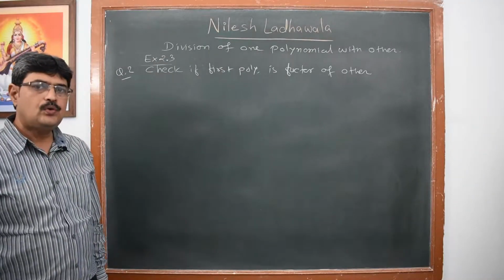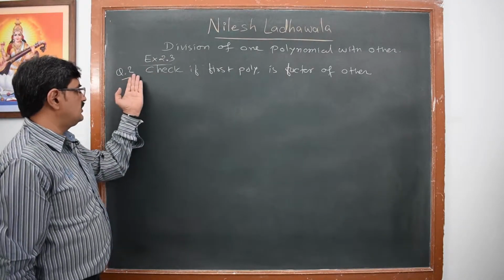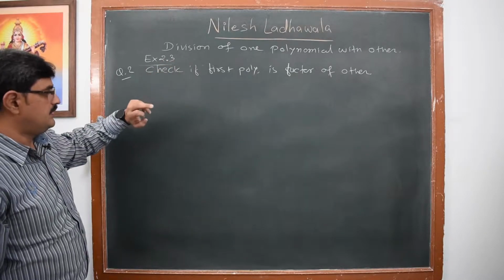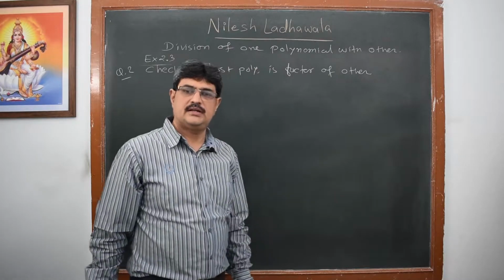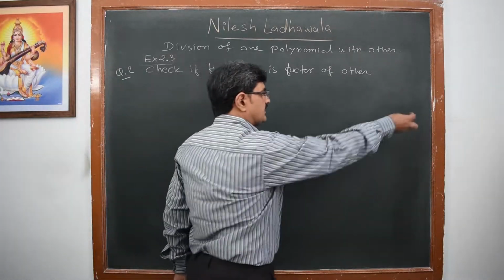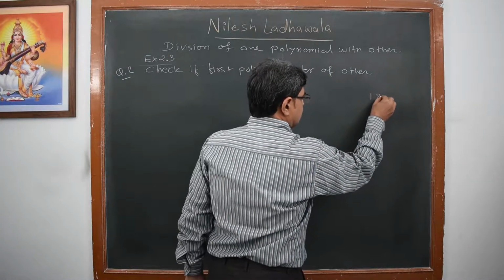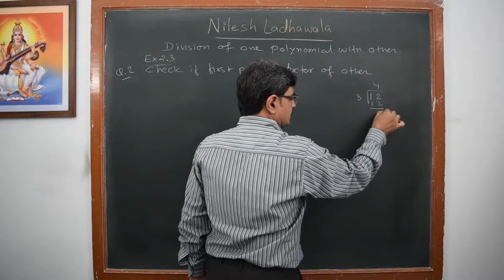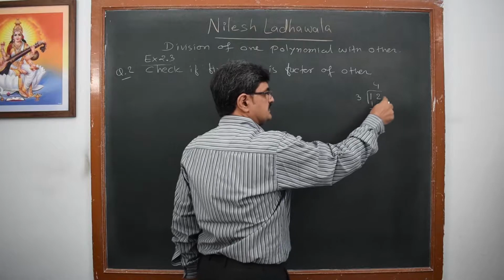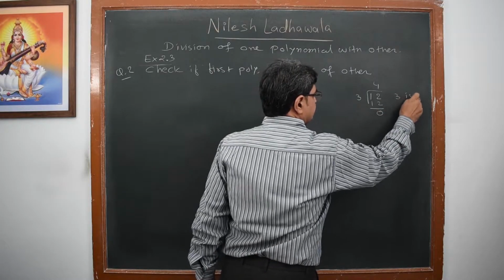Okay. Now we will do question number 2 of exercise 2.3. We have to check if the first polynomial is a factor of the other. In earlier standards we have learned that if 12 is divided by 3 and the remainder is 0, we can say that 3 is a factor of 12.